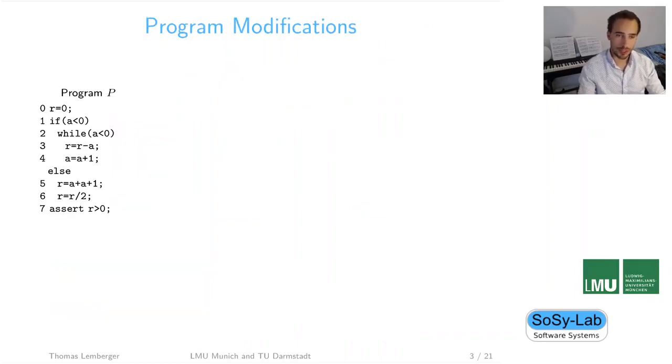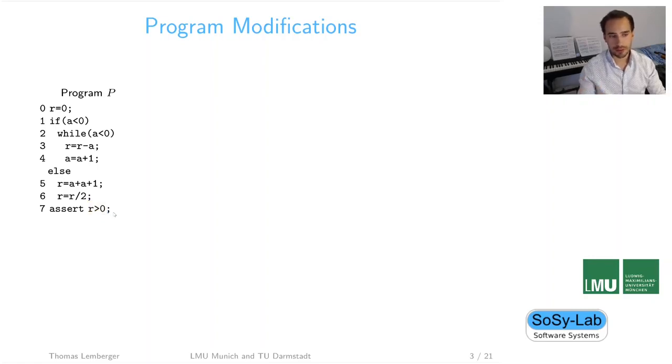We have some program P. You don't have to know the specifics about that, but it has two branches, an if branch and an else branch. The if branch is quite complex to verify. Let's just assume that there's a while loop, and verifiers usually have a hard time dealing with while loops. The else branch is only two arithmetic operations. That's quite simple. And afterwards we have an assert.